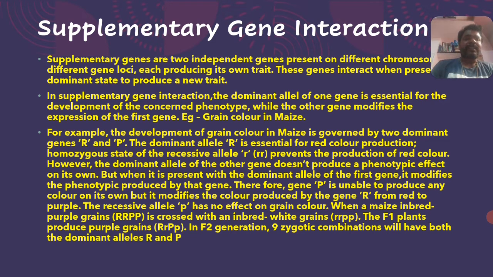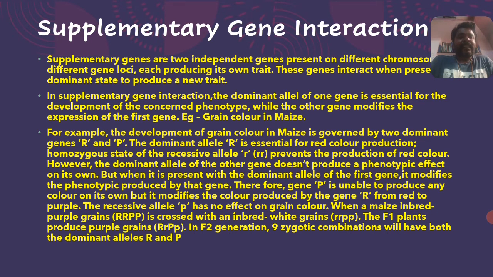But when it is present with the dominant allele of the first gene, capital R, it modifies the phenotype produced by that gene. Therefore, gene P is unable to produce any color on its own, but it modifies the color produced by gene capital R from red to purple.